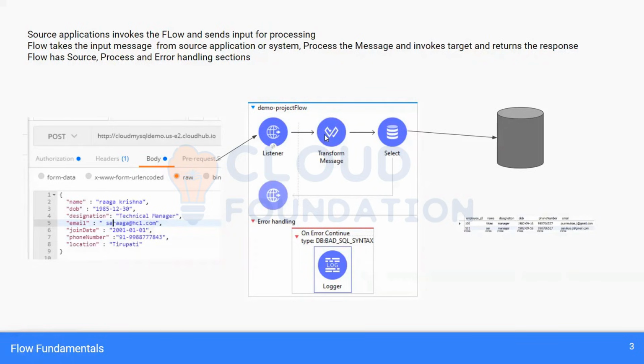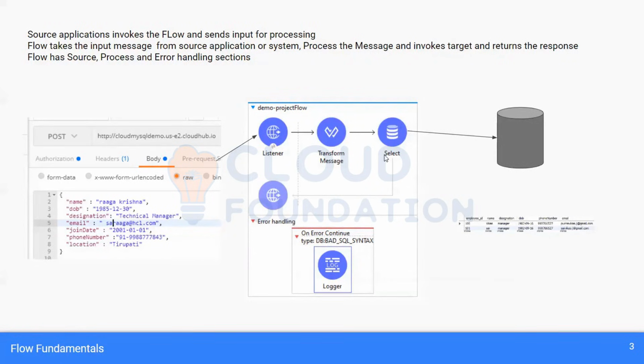Right now I'm saying this at a high level; we're going forward to see what Transform Message is and how we transform things. After transforming, we are inserting the message into the database. Transforming and inserting is called processing.